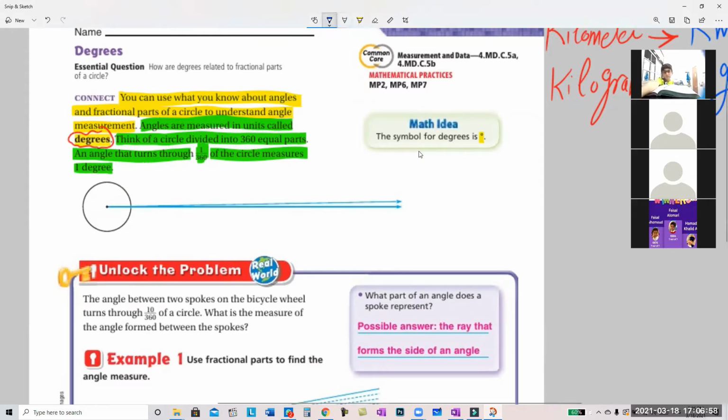So if we want to write a number with degrees, let's say we have 36, all we have to do is draw a small circle in the right upper corner of our number, as you see here. So it will be 36 degrees. Now let's move to the next page to make myself clearer and measure some angles, okay?